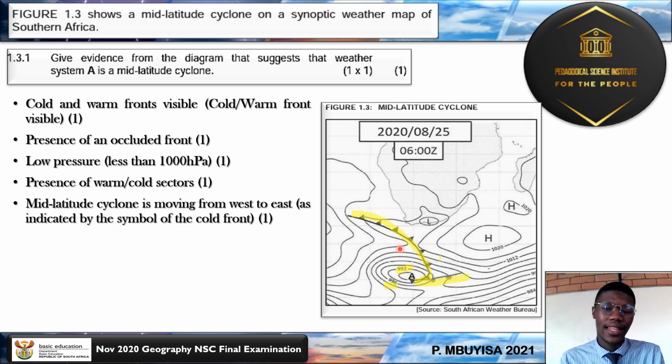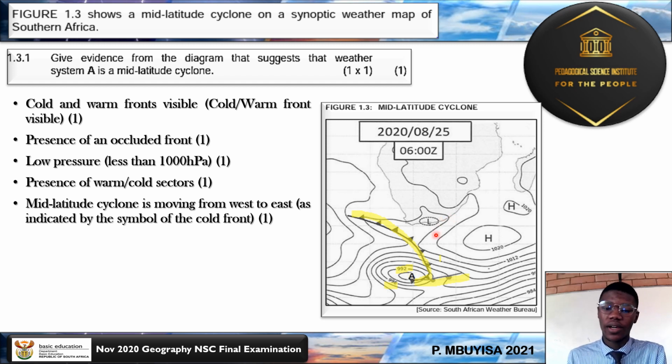Let's look at the next one. Mid-latitude cyclone is moving from west to east as indicated by the symbol of the cold front. The cold front symbol is showing you that this system is moving towards the east, coming from the west. That's another feature.